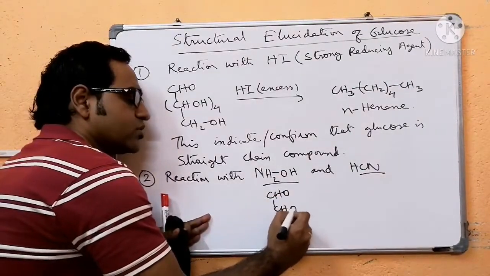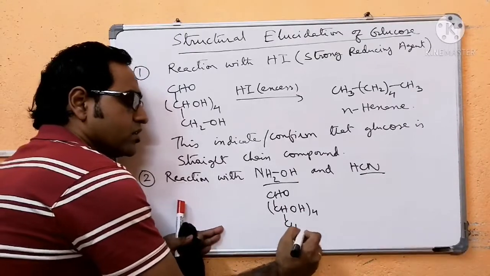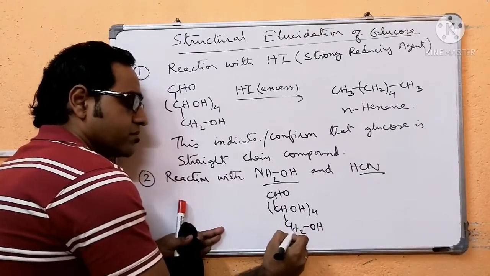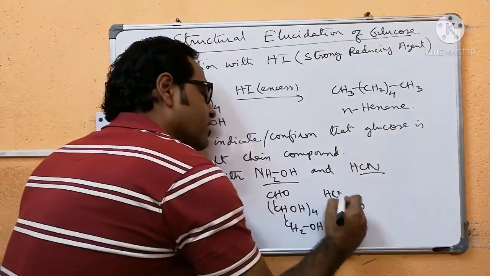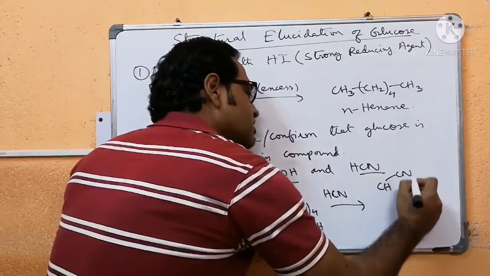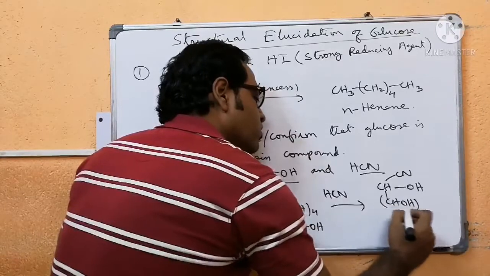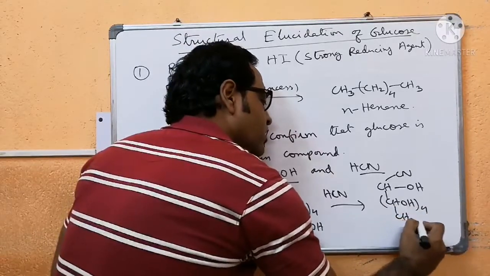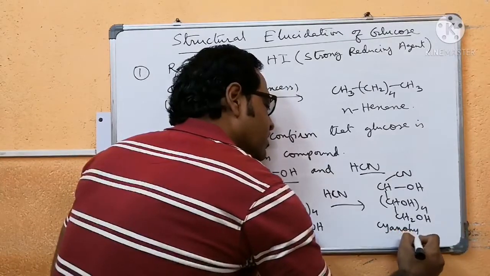CHO, CHOH, whole 4, CH2OH. This upon reaction with HCN, it will produce CH, CN, OH, CHOH, whole 4, CH2OH. This is called cyanohydrine.